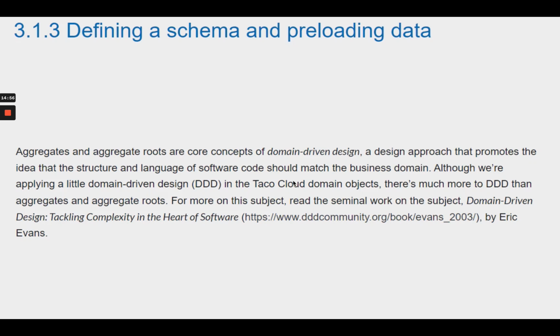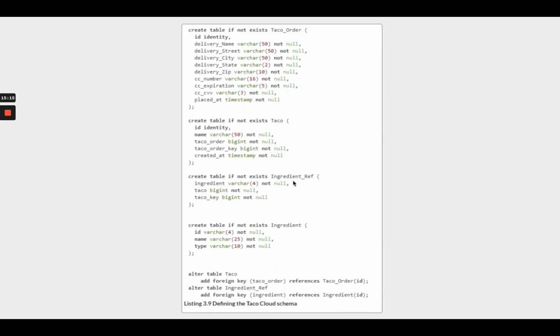Although we're applying a little domain-driven design, DDD, in the Taco Cloud domain objects, there's much more to DDD than aggregates and aggregate roots. For more on this subject, read the seminal work on the subject, Domain-Driven Design: Tackling Complexity in the Heart of Software, at this link, by Eric Evans.